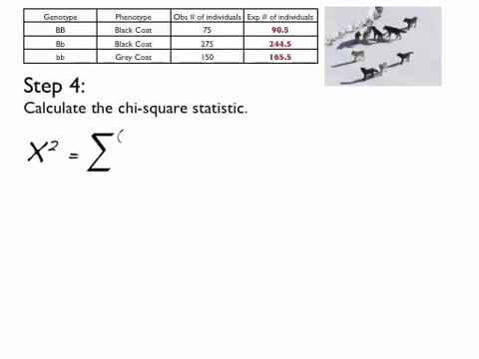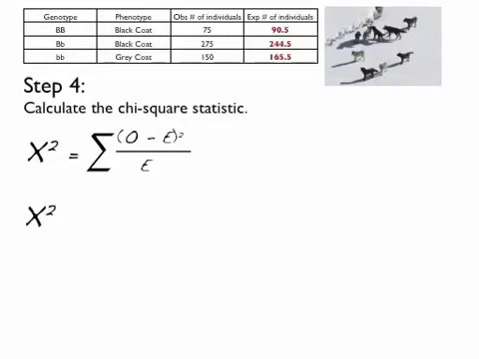So the next step is to calculate the chi-squared statistic. The chi-squared formula is the sum of the observed minus the expected value, squared, divided by the expected value. For our data set, we're looking at the observed number of individuals and the expected number of individuals shown in the table.